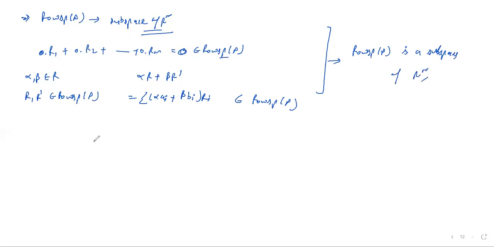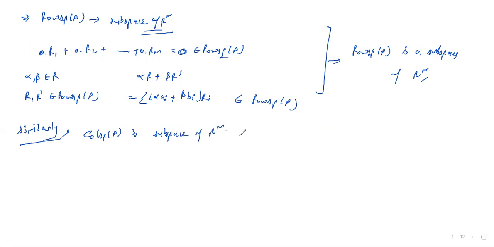Similarly, the column space of A also forms a subspace in the same way. So the column space of A is also a subspace of R to the power m.